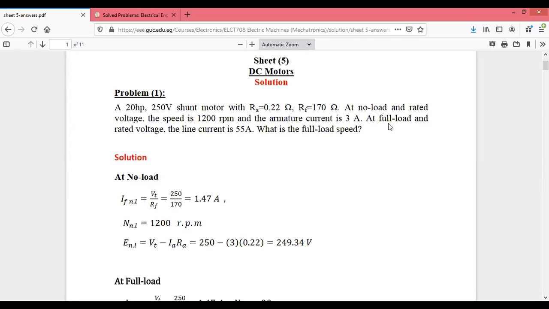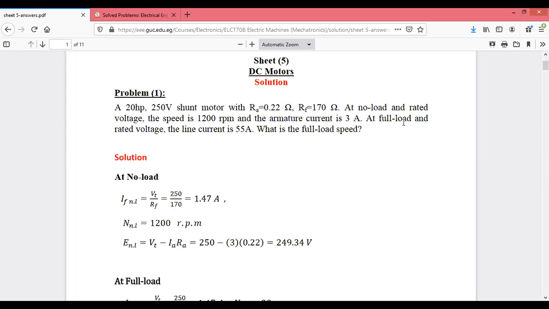Here they have given the conditions for no load and full load. You can see here, at no load and the rated voltage, the speed is given as 1200 rpm. You can take that speed as capital N because they have written rotation per minute. The armature current at no load will be 3 ampere.